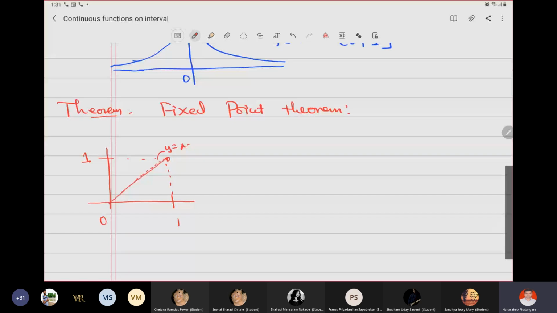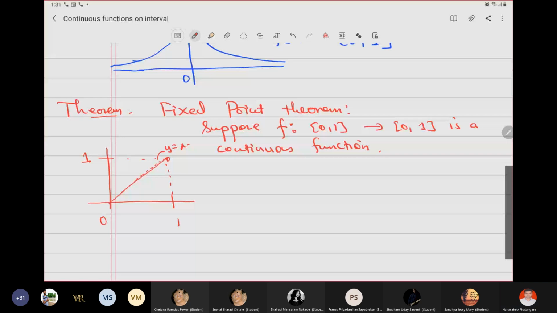So suppose f from [0, 1] to [0, 1] is a continuous function. What is the restriction? The domain is the closed interval [0, 1], and the codomain is [0, 1].